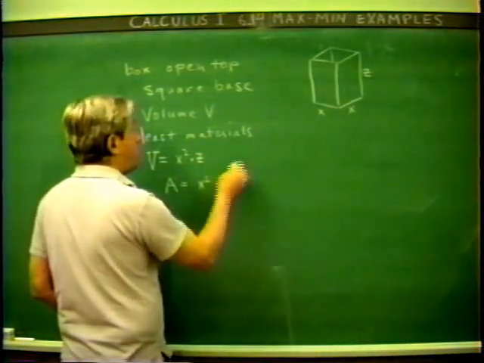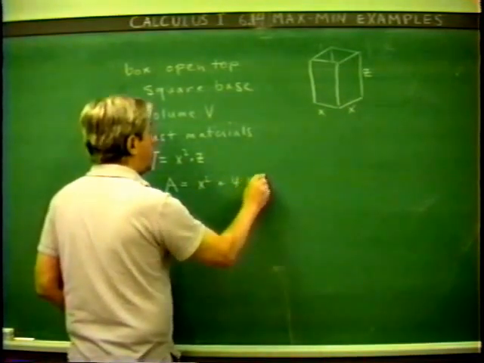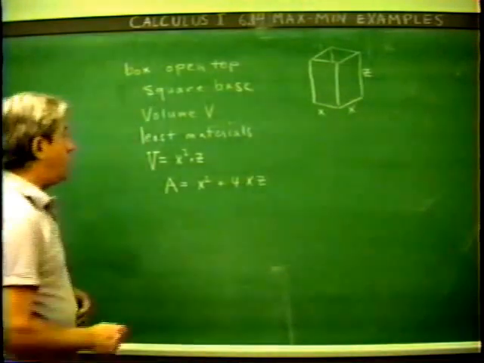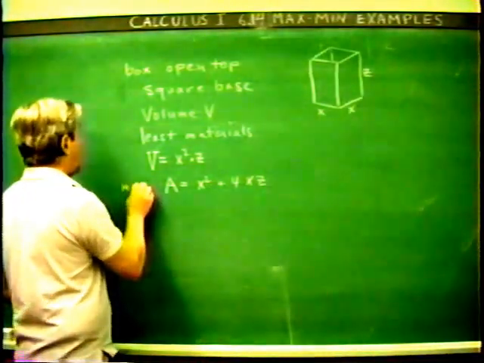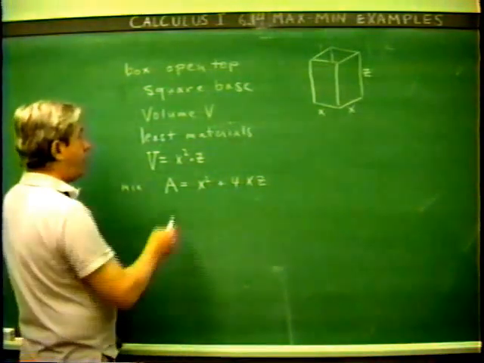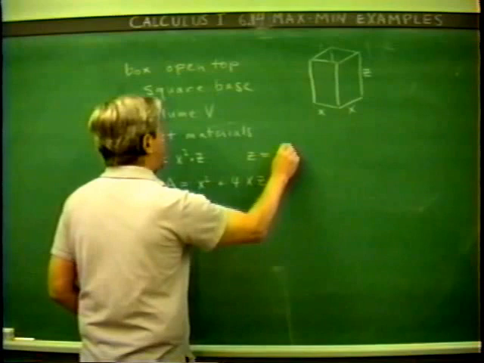The total amount of materials is going to be the area, and this is going to be equal to X squared for the bottom, and 4 times XZ for the 4 sides. And this is what we wish to minimize.